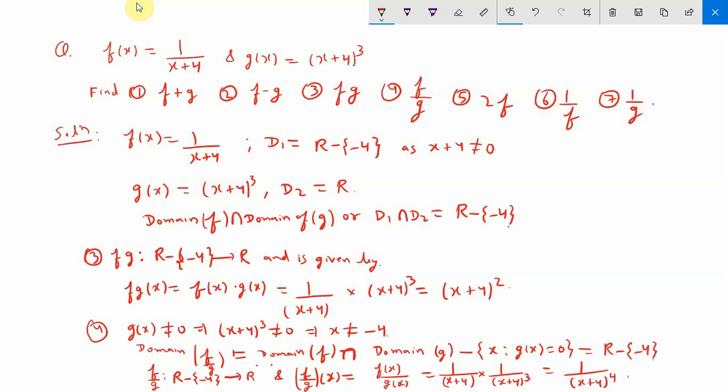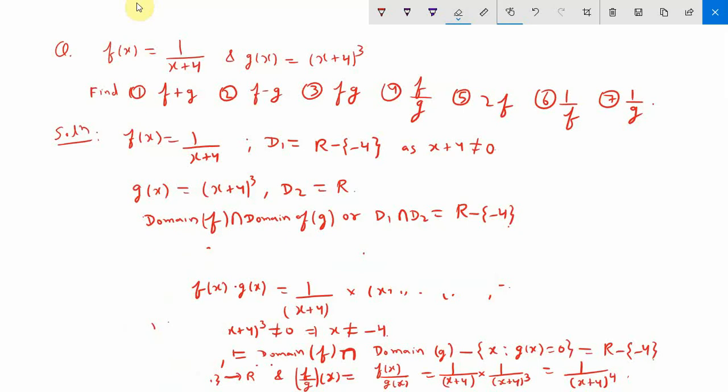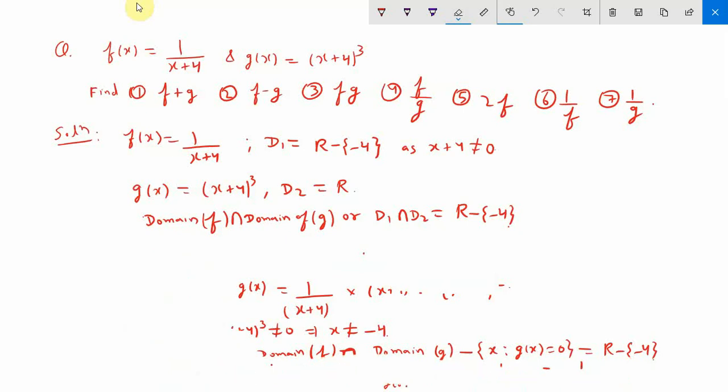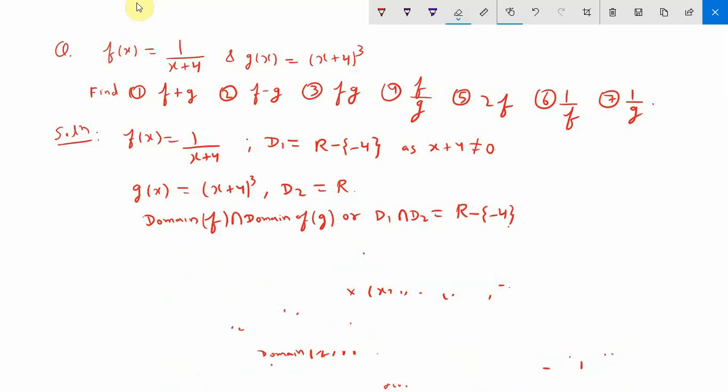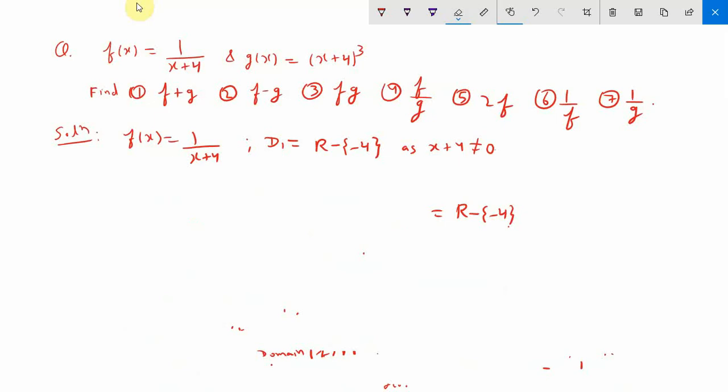Next we have to perform scalar multiplication. So let me clean this. Okay. g(x) also I have erased.